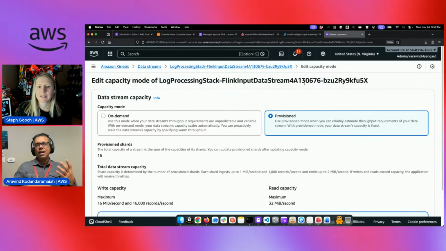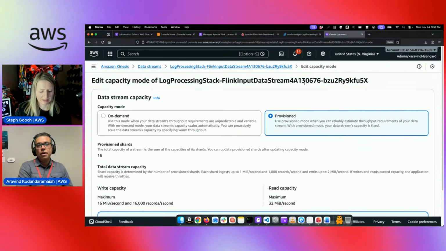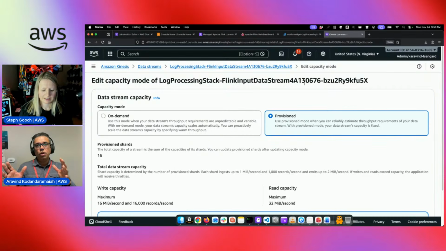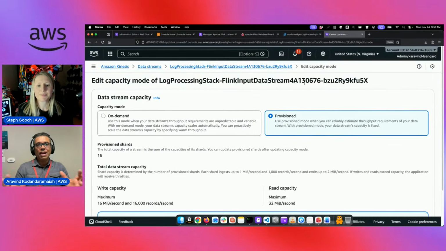Because we're not really looking at this sudden burst of data streams that could arrive. So you want to think about provisioned when you can roughly estimate the amount of data that you're going to get, versus on-demand, which is like auto scaling where it can handle the unpredictability and variability in the data streams that you can actually get.